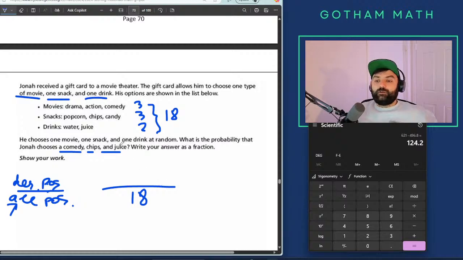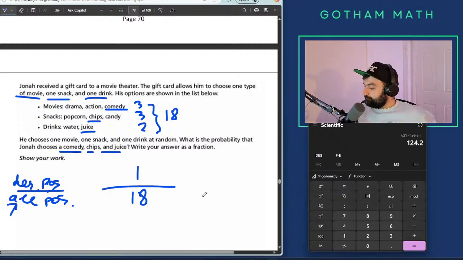Now, comedy, chips, and juice, right? Comedy, chips, and juice is one way. It's one possibility out of all of these, one out of all of that, and one out of those. There's only one possibility of all of that, so it's going to be one.